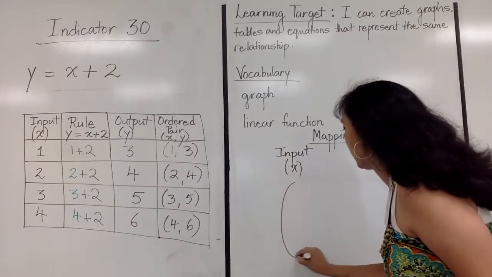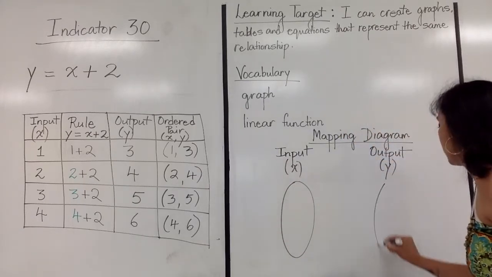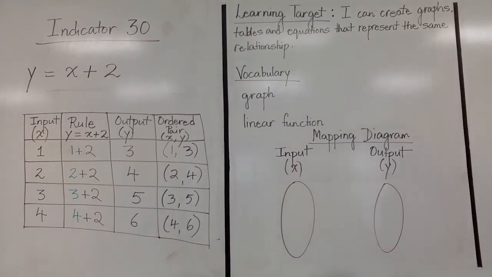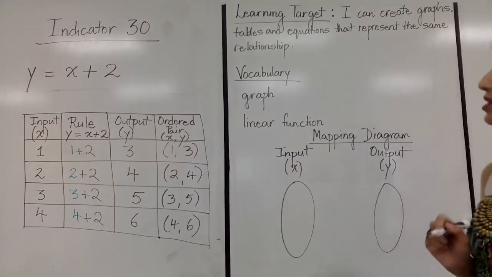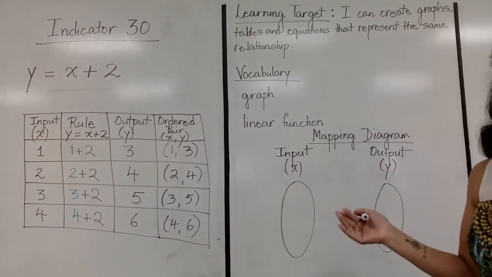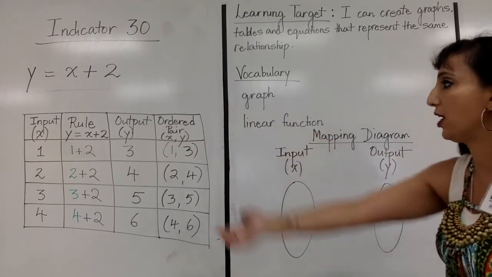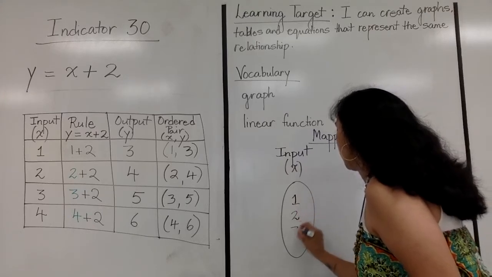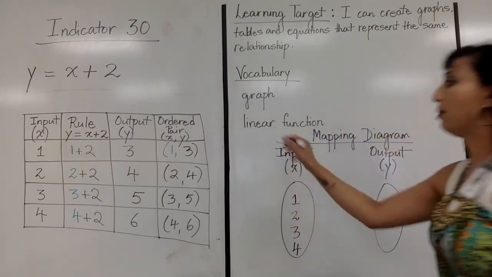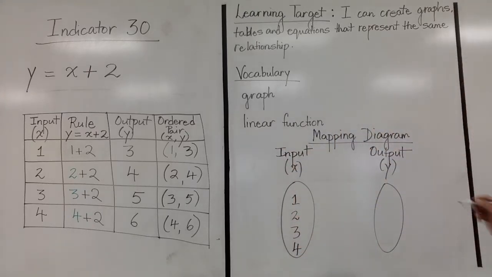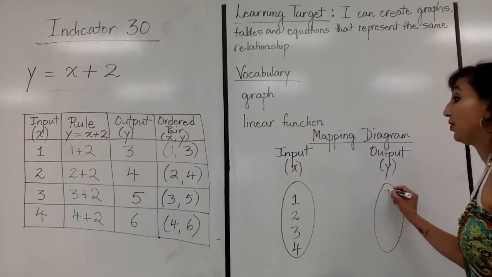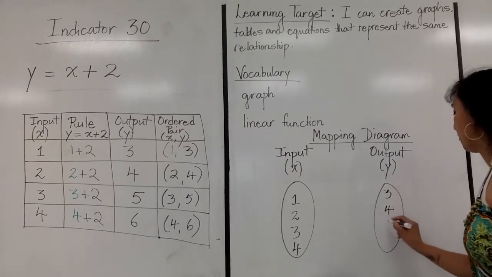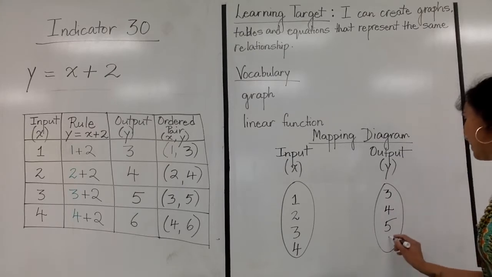You just make 2 ovals like this. Put your input from the smallest to the largest number if it is not organized, but here it's already organized. So I'm just going to write 1, 2, 3, 4. These are my input values. Now what are my output values? I have 3, 4, 5, and 6.